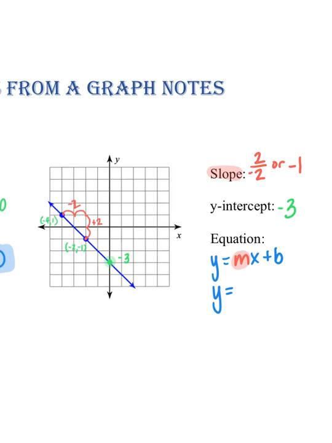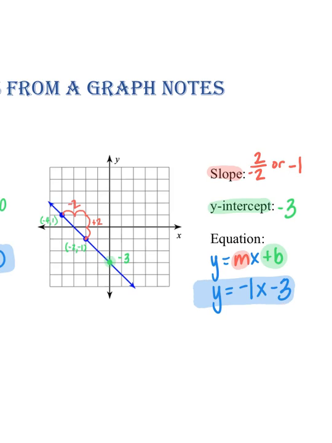So my m is -1x, and my y-intercept, or my b, is negative 3. So my equation for this graph is y equals negative 1x minus 3.